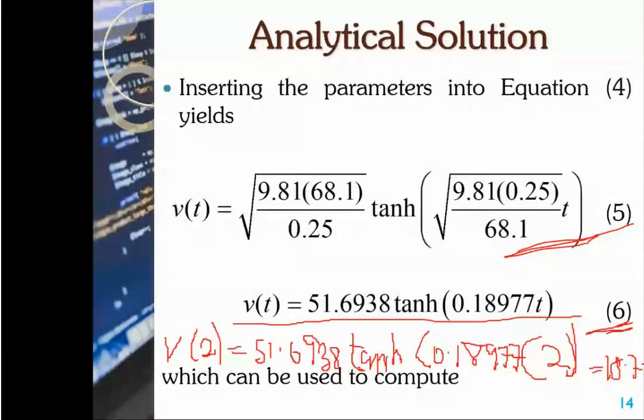So once we go through with this, it means that we are getting 18.72 to be our velocity at time 2 seconds.